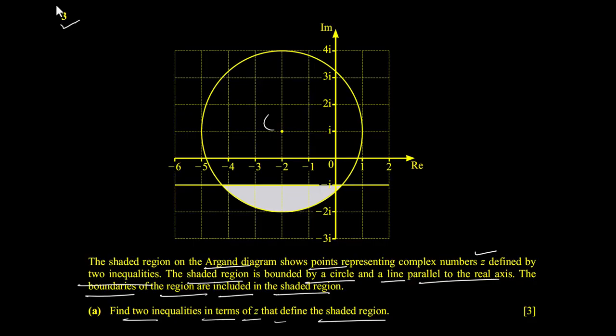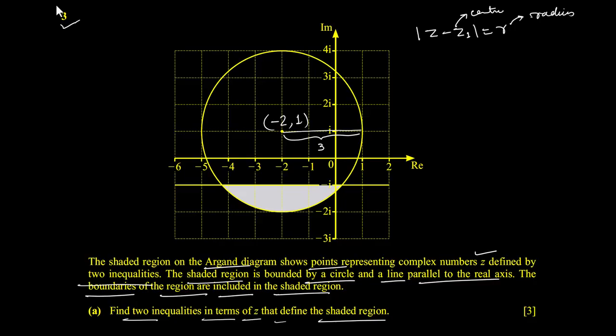So here we can see the center is given as negative 2 comma 1, and the radius, if we measure it, is 3 here. So the definition of a circle in the complex number is modulus of z minus z1 equals r, where z1 denotes the center of the circle and r denotes the radius of the circle.